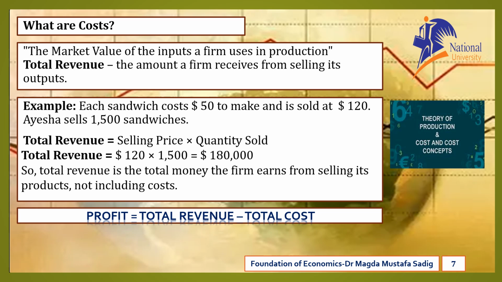So total cost equals $75,000, and total revenue is $180,000. So our profit will be equal to $105,000.